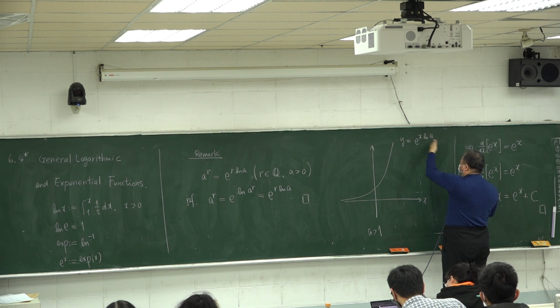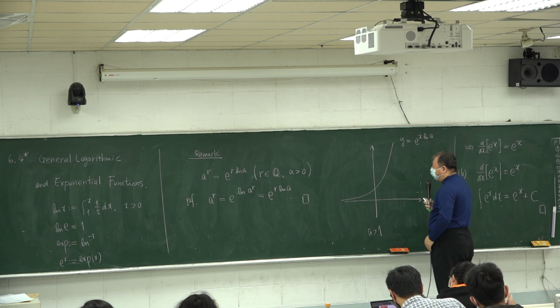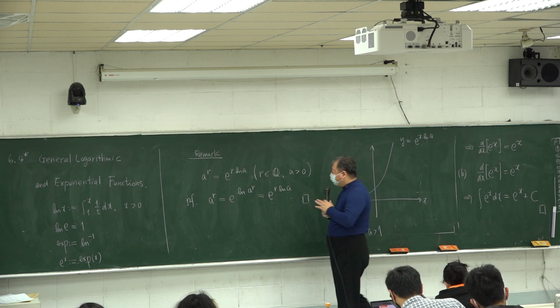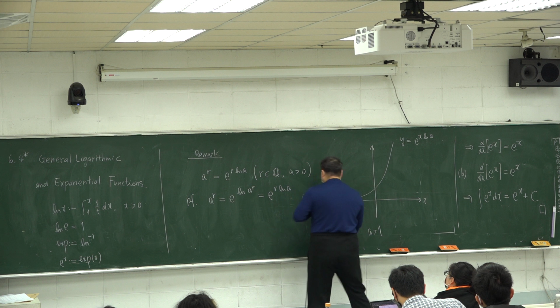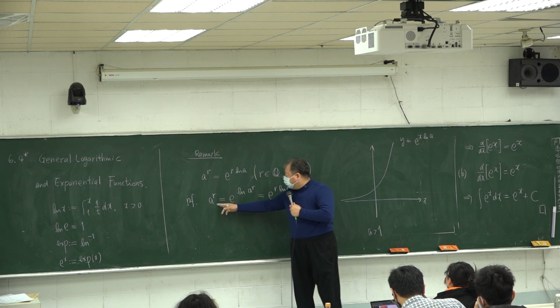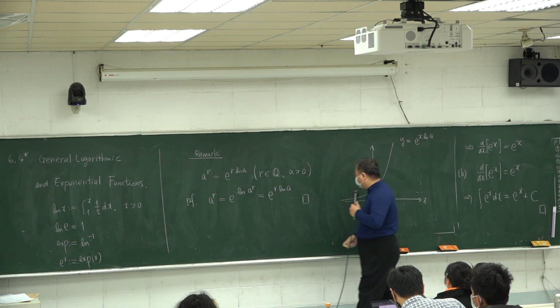To arbitrary number is well defined. So y is a function of x for all real numbers x. But here, if we use this notation, it is only defined for rational numbers.